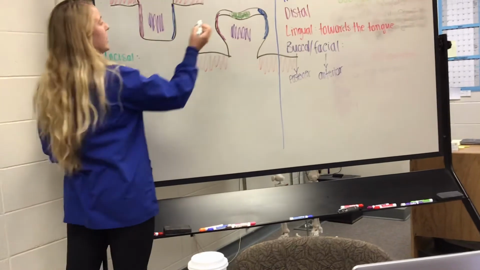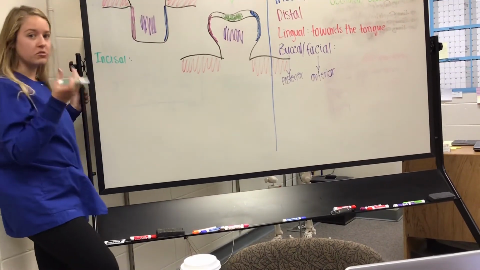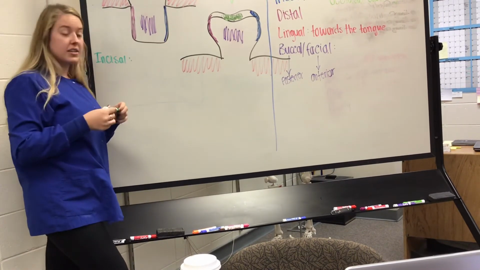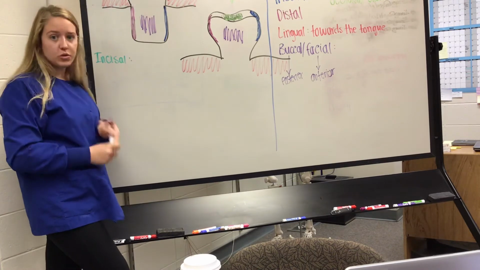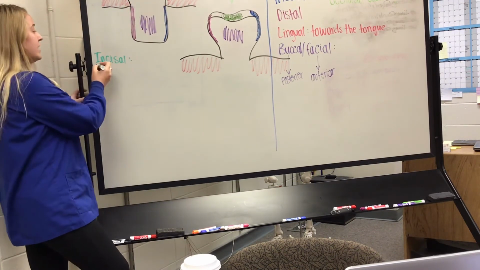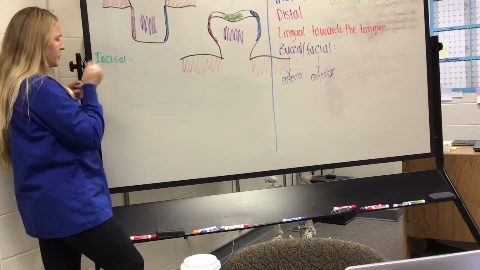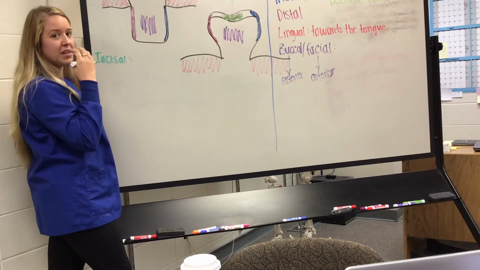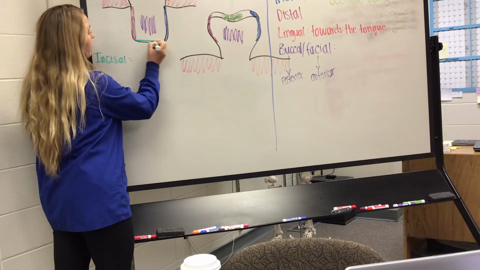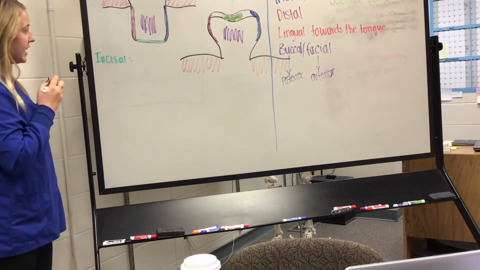If you think about the chewing surface, where is the chewing surface on your anterior teeth? Obviously we don't chew, but we do bite down. And if you remember going over the names of the teeth, you have your central incisors and your lateral incisors. So your incisal surface and your incisors connect. When you bite down on something, you're going to be using this very front surface of your tooth. So that is your incisal.